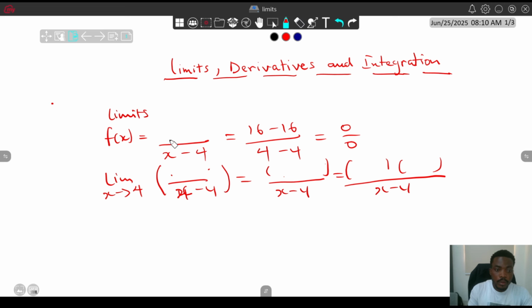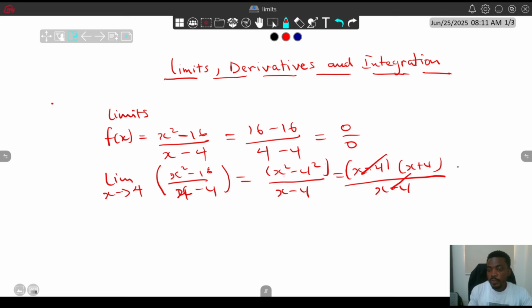That's x squared minus 16, which is x squared minus 4 squared, which is x minus 4, x plus 4.